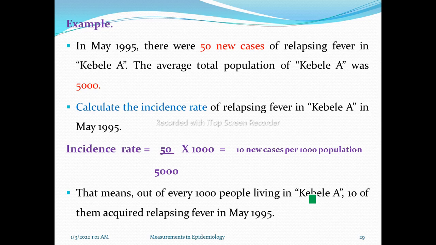Incidence rate is equal to new cases of disease, 50, over population at risk, 5,000, times 1,000. It is 10 new cases per 1,000 population. That means out of every 1,000 people living in the Kebele, 10 of them acquired relapsing fever in May 1995.